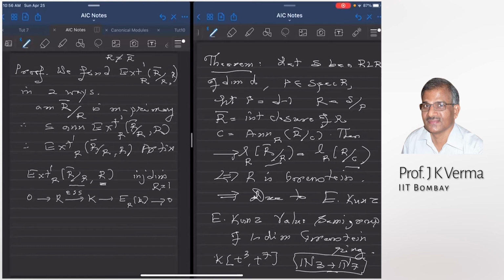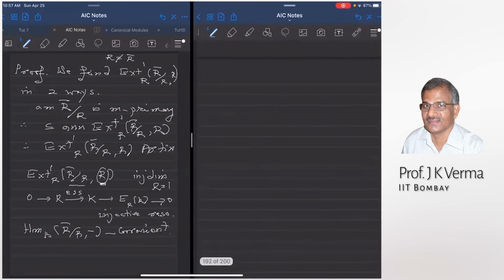So this is an injective resolution. Once I have an injective resolution of R, I should apply Hom from R bar over R. This is a covariant functor, so the direction of this exact sequence is preserved.